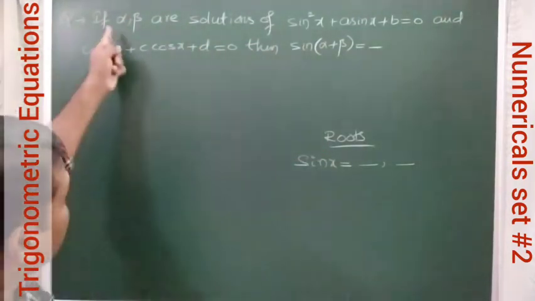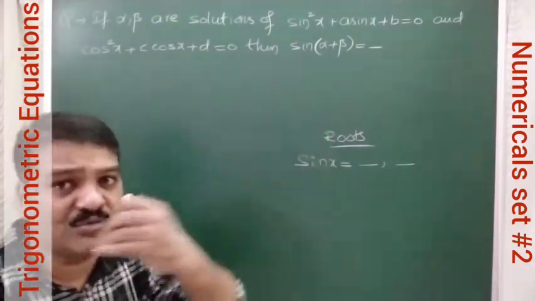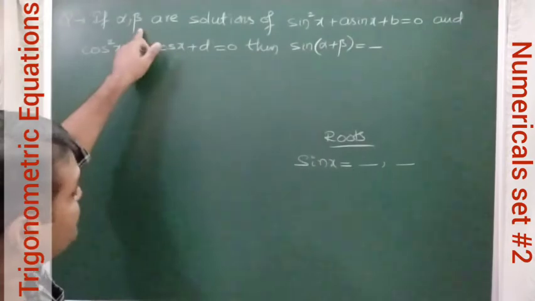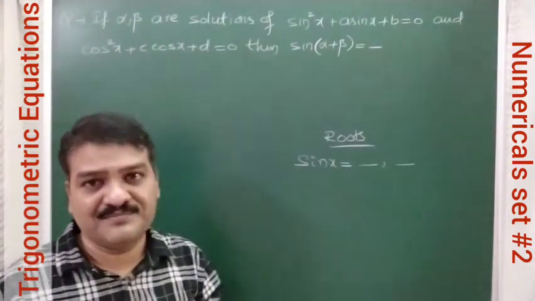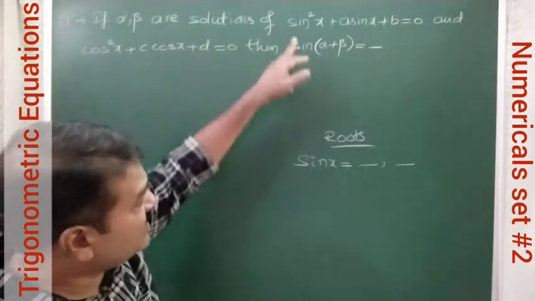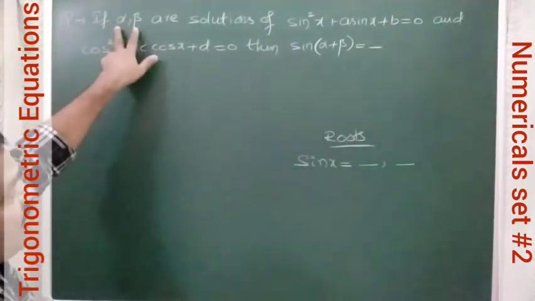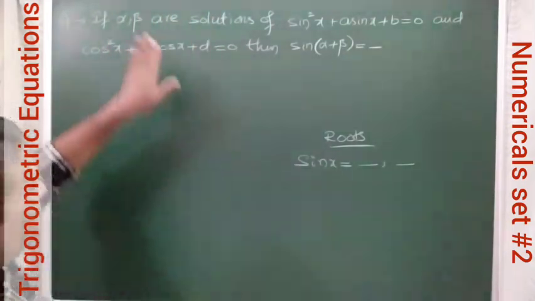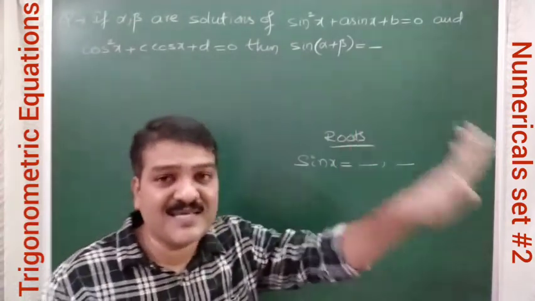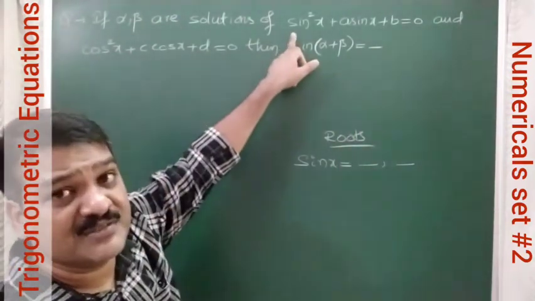When you substitute alpha, sin alpha is equal to one root you will get. When you substitute beta, sin beta is equal to some other root. So since the equation is in terms of sin x, by substituting the solutions in the roots, we get that sin alpha, sin beta are the roots of this particular equation.